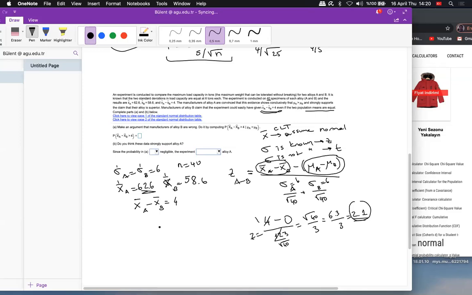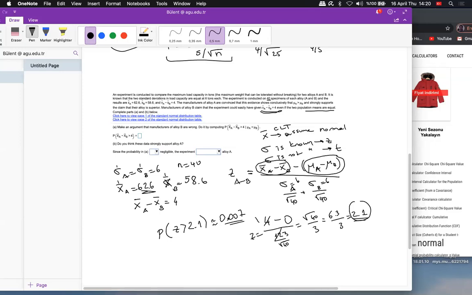Then I go and say, what is the probability of Z being greater than 2.1? It is very small, 0.007, something like that. So that means the claim of the alloy B manufacturers is not true, because the difference is significantly high, okay?